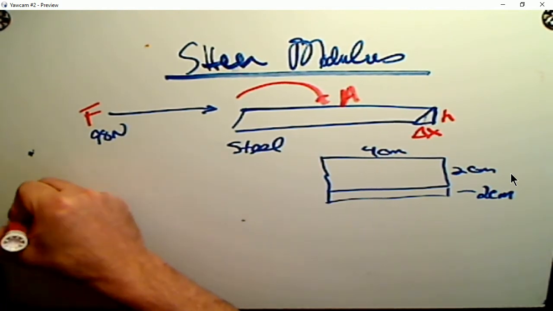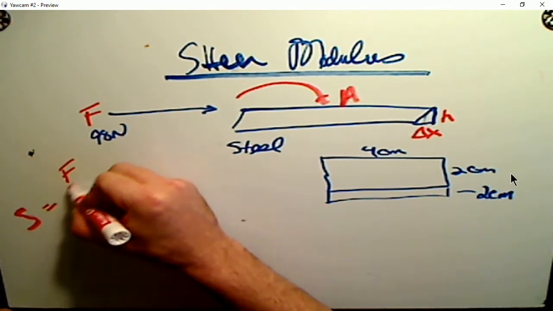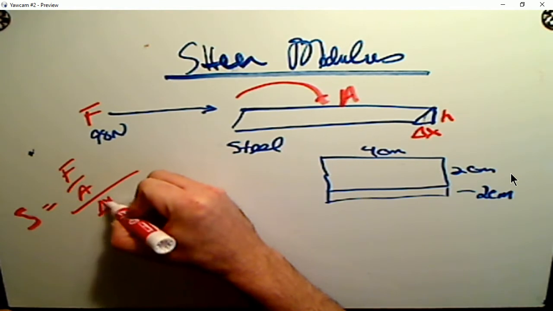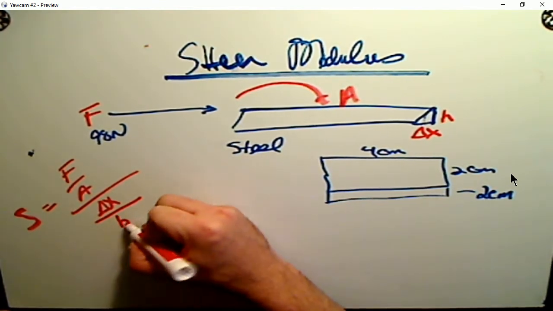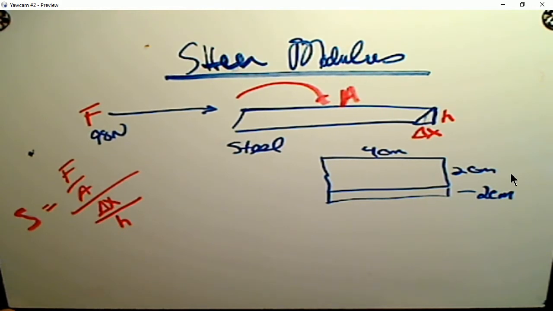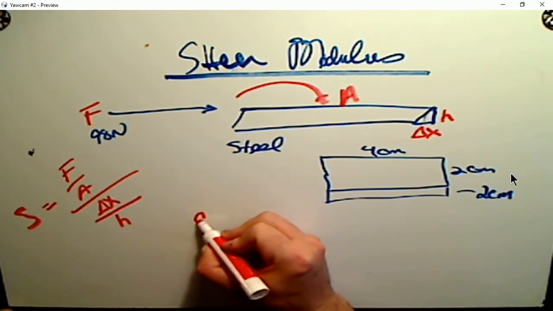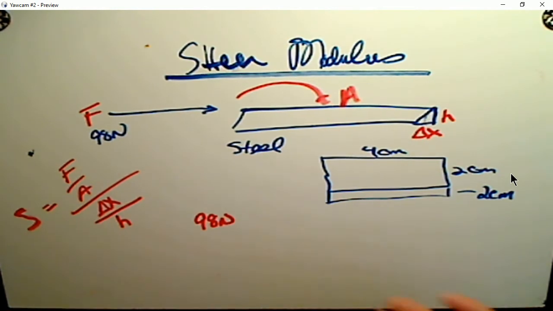Shear modulus: force for a given area causes a change, a shearing, for a given height. So we know the force, 98 newtons, 9.8 times 10 kilograms worth of force this way.